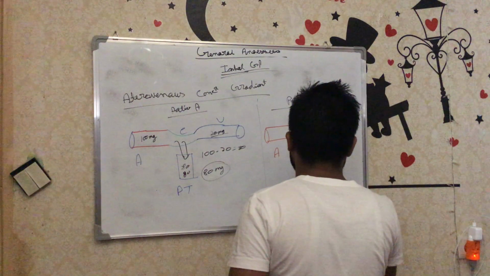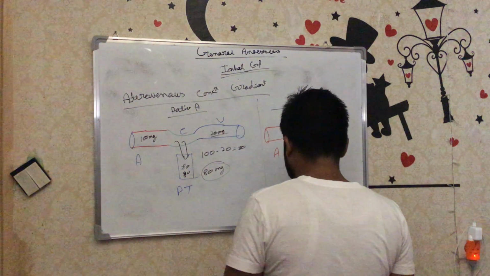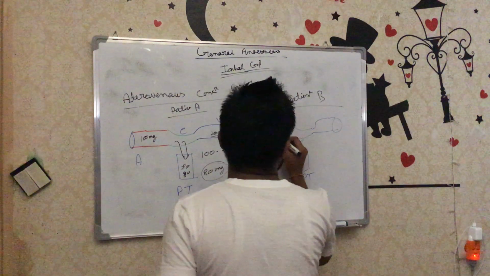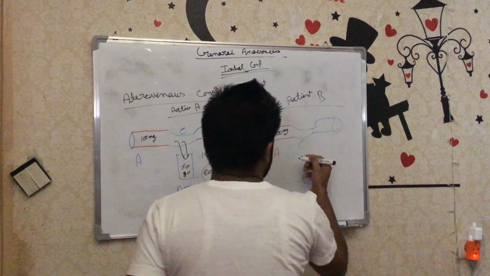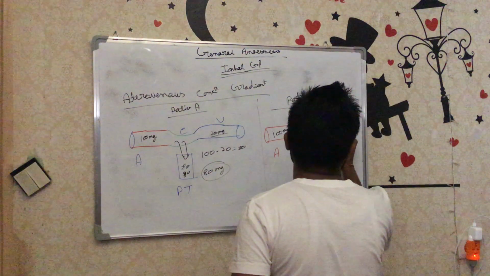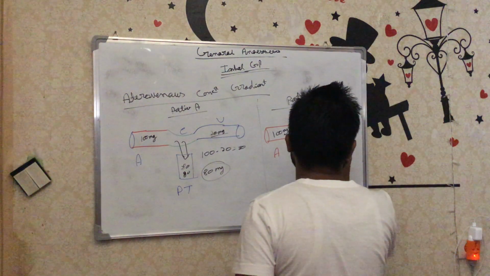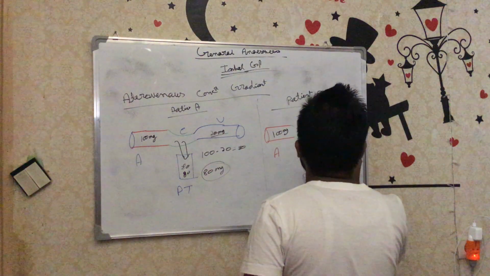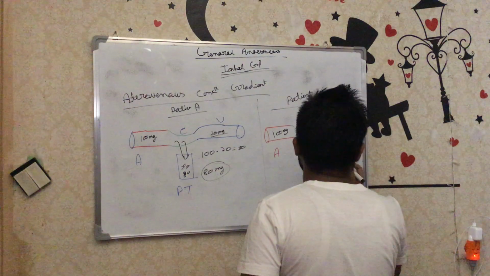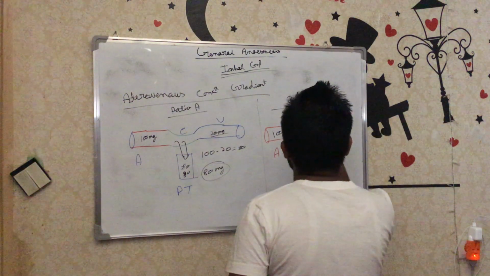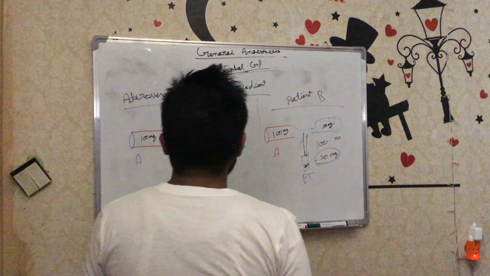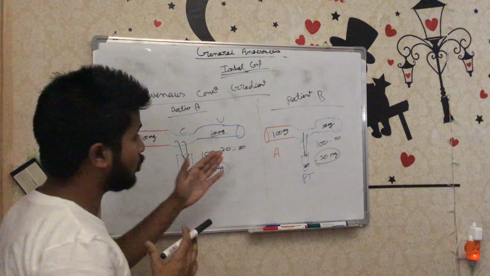Don't forget the peripheral tissue. The same condition, 100 mg of a drug, but here it absorbs 20% and 80% goes into the vein. So what is the arteriovenous concentration gradient? 100 minus 80 means 20 mg. So the gradient in patient B is 20 and in patient A it is 80. But which one is more potent? Which one generates more anesthesia?